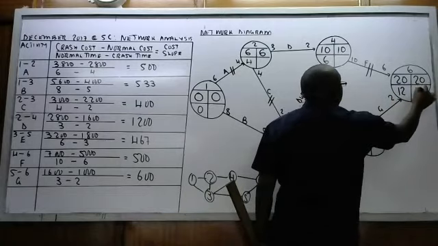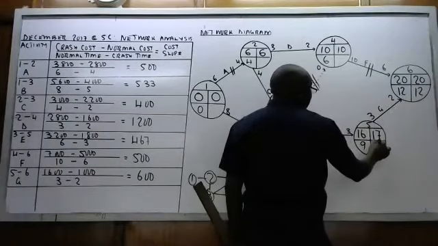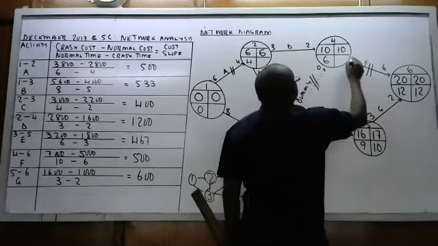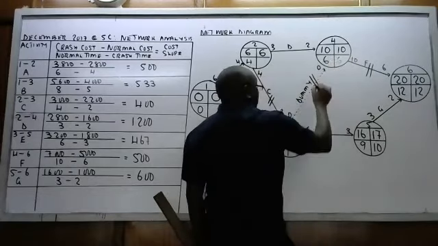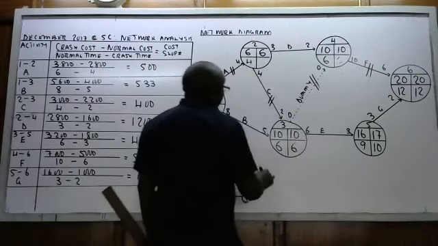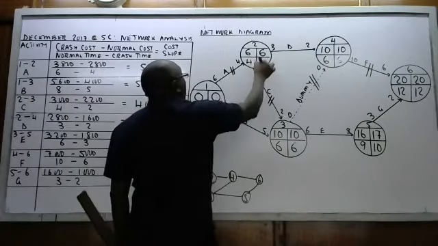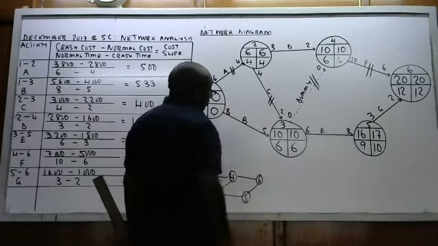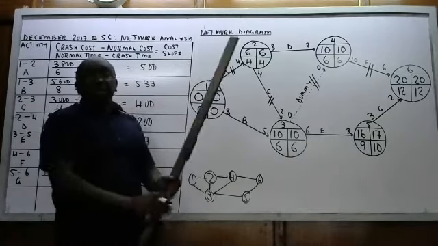So we go for 12. 12 minus 2, that is 10. 12 minus 6, that is 6. 6 minus 6, that is 6 here. Then this is 4, and this is 0.